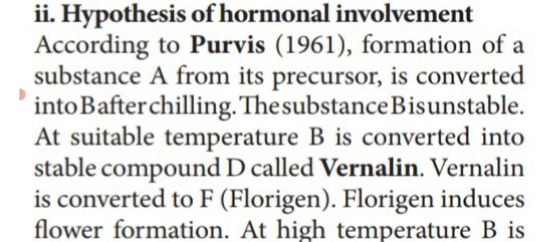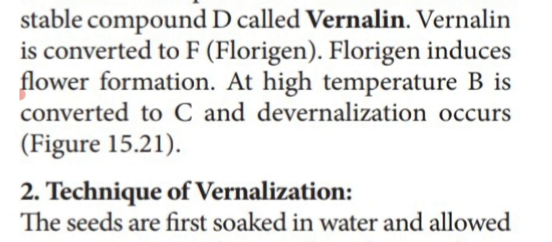So at a suitable temperature, the B is converted into D, which is a stable compound known as vernalin. This vernalin is afterwards converted into form F, that is florigen. What is florigen? A hormone which is responsible for producing flowers. So this florigen induces flower formation.